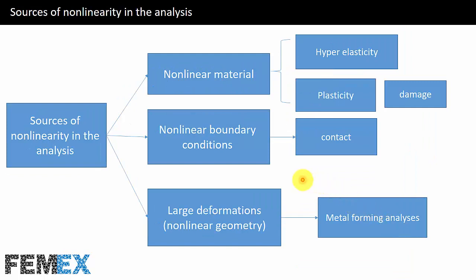First, I want to explain the sources of nonlinearity in the analysis. These are sources of nonlinearity in the problems when you want to simulate a phenomenon or process in Abaqus by using FEM: nonlinear material, nonlinear boundary conditions, and large deformations, that is, nonlinear geometry.